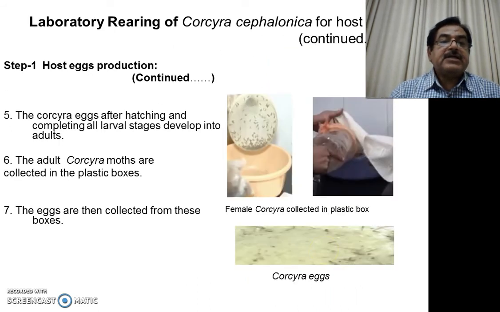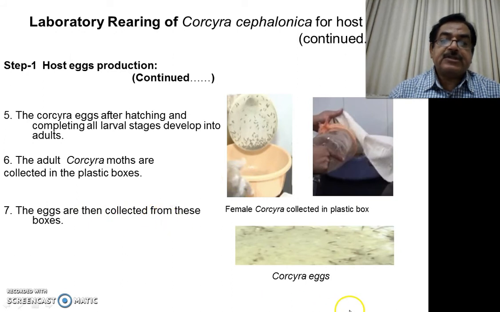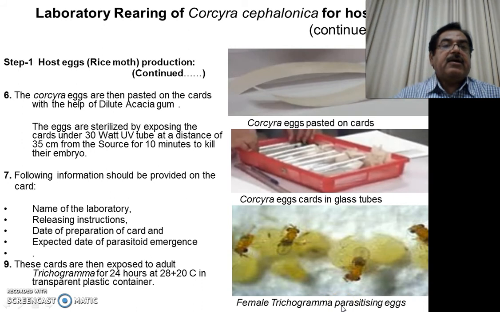The Corcyra eggs, after hatching and completing all larval stages, develop into adults, as you can see here in this picture. The adult Corcyra cephalonica moths are then collected in the plastic boxes. The eggs are then collected from these boxes, as you can see here.